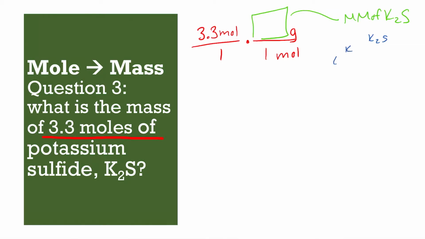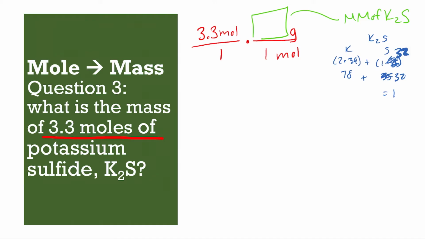For K, we have 2 of them. K has a mass of 39. 2 times 39 is 78. Plus our S, we have 1 of them. 1 of them to the nearest whole number is 35. 1 times 35 is 35. 78 plus 35 gives you, this is 32, my bad, can't read my own notes.